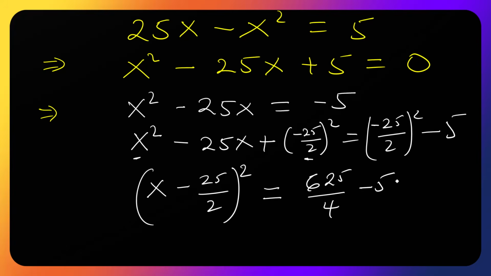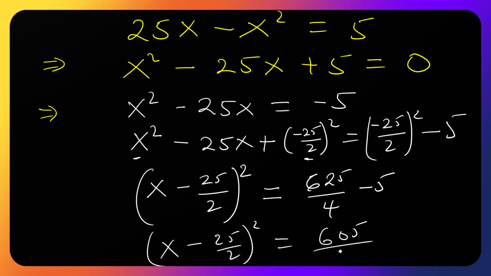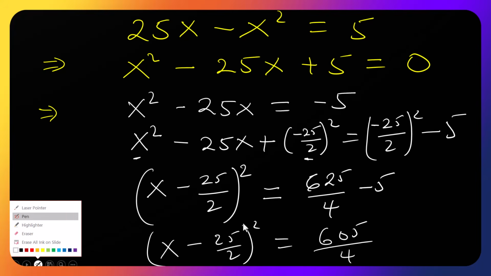Okay, so 625 on 4 minus 5 on the calculator. So we have x minus 25 on 2 all squared equals 605 on 4.